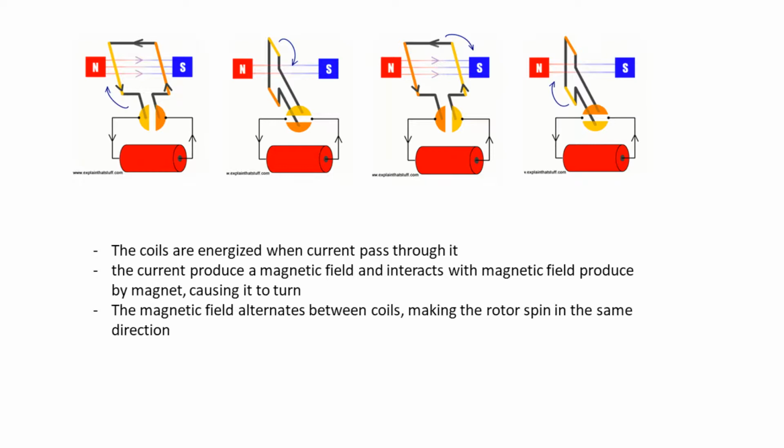This current produces its own magnetic field that tries to oppose the thing that causes it. The interaction between the two fields causes the rotor to turn. As the magnetic field alternates between the coils, it efficiently rotates around the motor. The rotating magnetic fields make the rotor spin in the same direction and at almost the same speed.